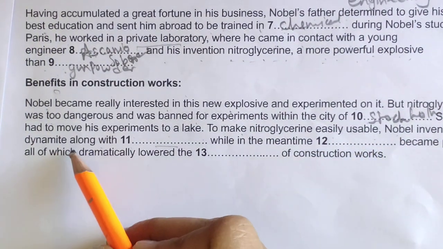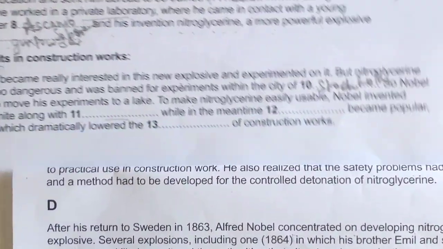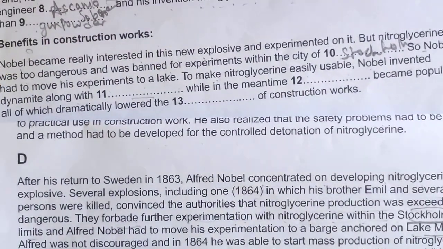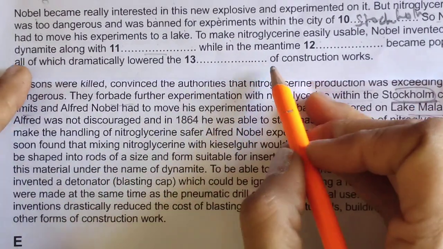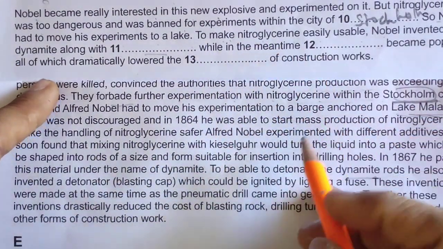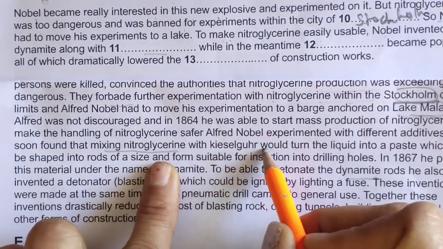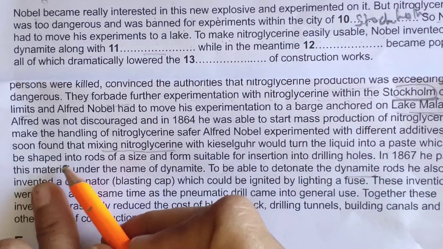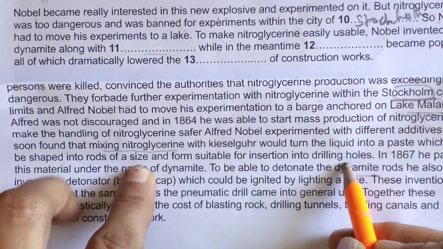So I will just do the paragraph like that. You can read it. Just a minute. So you can see the paragraph location I have taken out. So here he is saying to make nitroglycerin easily usable, it would turn the liquid into a paste, which could be shaped into rods of a size and form suitable for insertion into drilling holes.